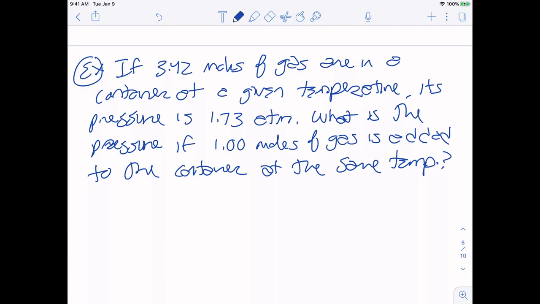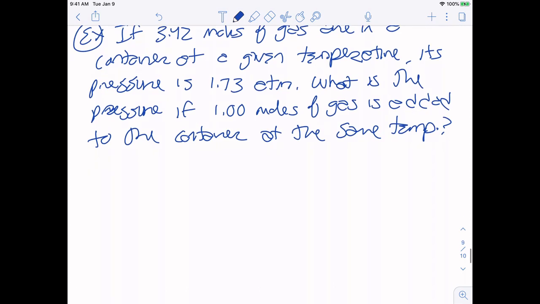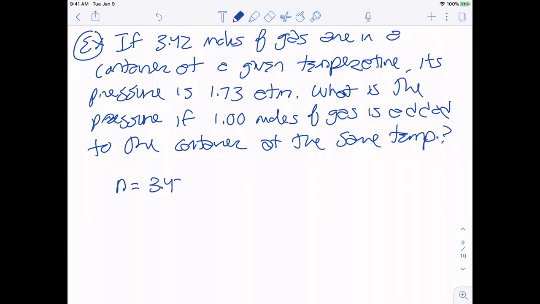So again, kind of a lot going on, so I'm going to make that list again. This time the only thing that I'm varying is my number of moles, right? I have 3.42 moles and then an additional 1 mole, so I have 2 sets of moles. And then I have a pressure at the first amount of moles, and then we're solving for the pressure at the new one. So I know that n is 3.42 moles, and then P at that number is 1.73 atmospheres.